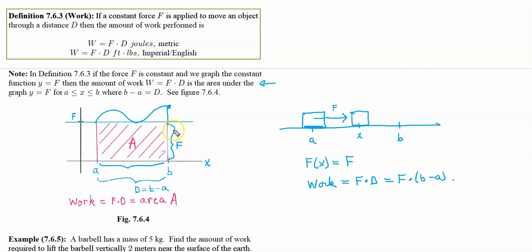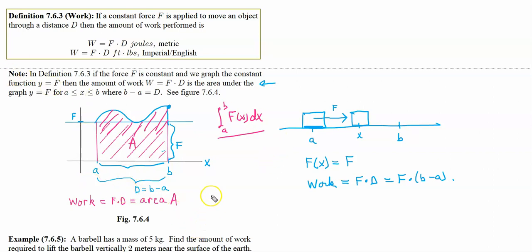What does it seem like the work should be? Well, it seems reasonable that the work should still be the area underneath your force curve. And that's going to be represented by the definite integral from A to B of F of X dx. And that's exactly what we'll see in a theorem that we're going to look at in a moment.